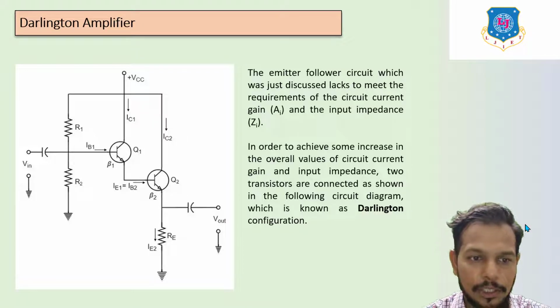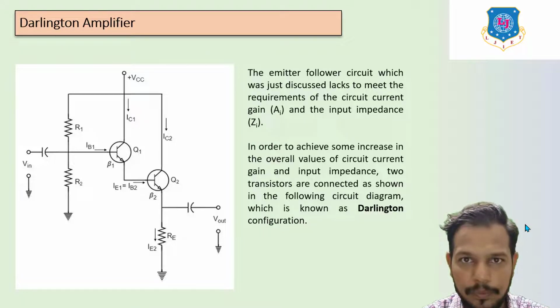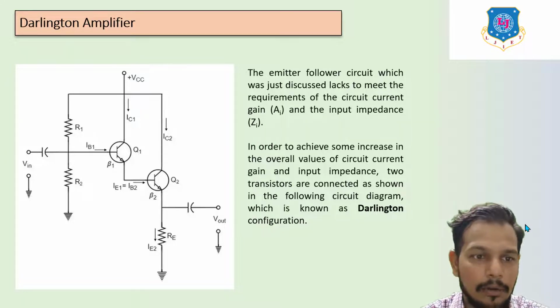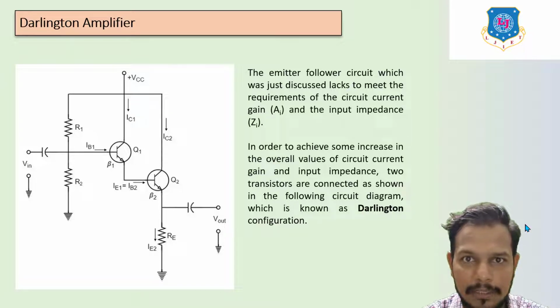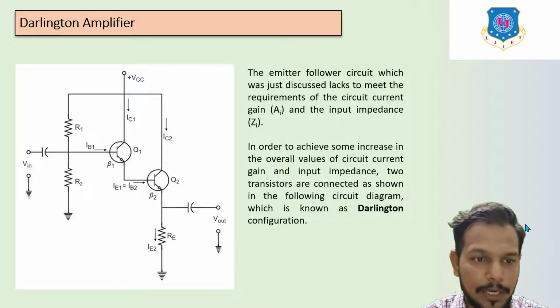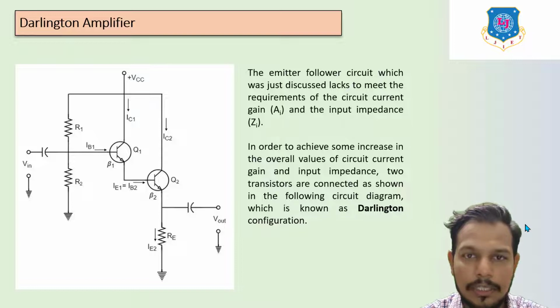Here we get beta 1 and beta 2, which are the gains. We apply IB1 as the input current, then we get IB2, which is the output of Q1 but also the input for Q2, so it is known as IE1. At the end, we get the output IE2 across RE, the emitter resistance.